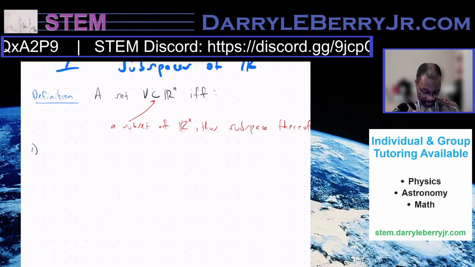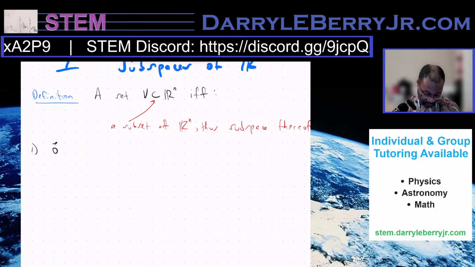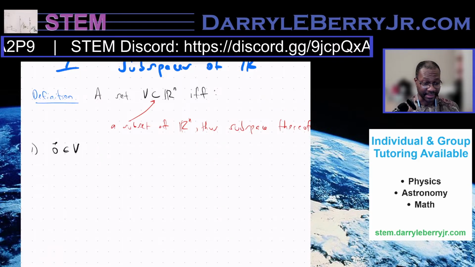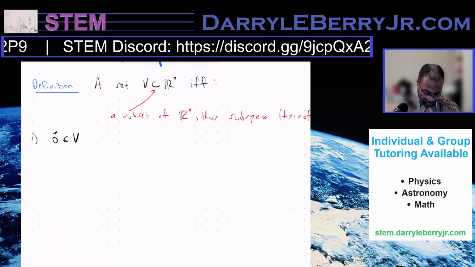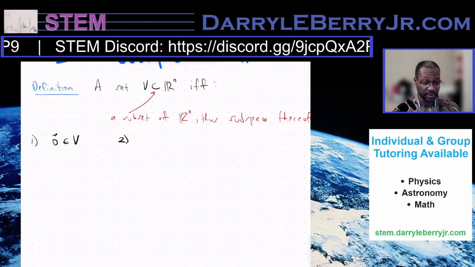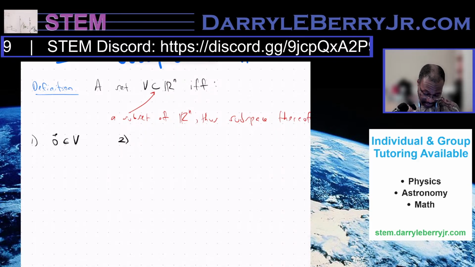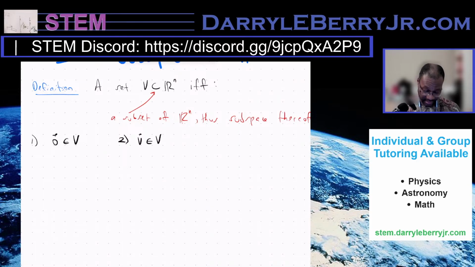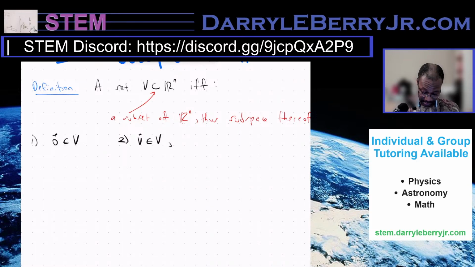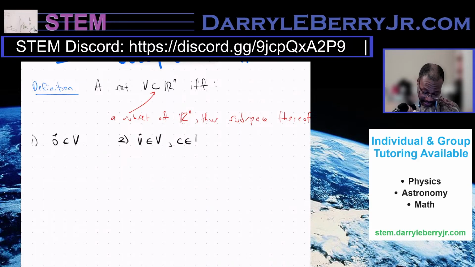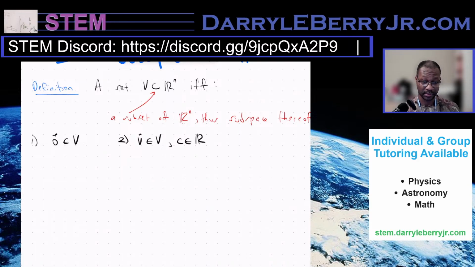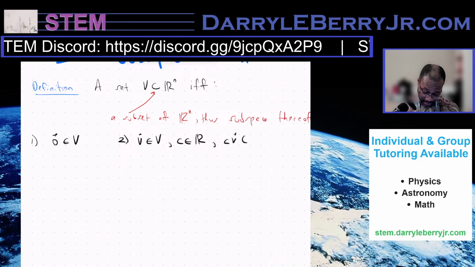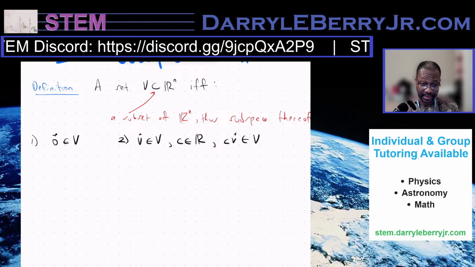One, the zero vector is in that subspace. Two, whenever a vector V is in the subspace and C is a real number, then C V is in the subspace also.